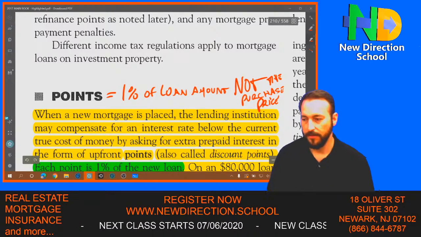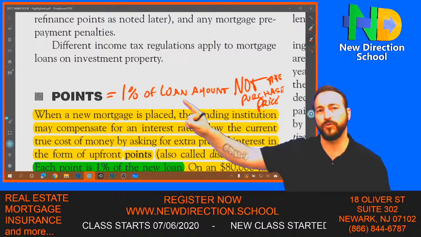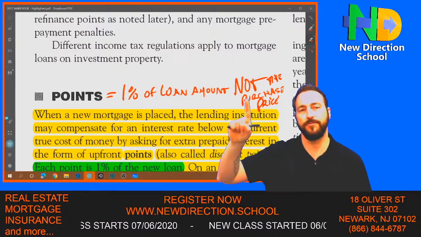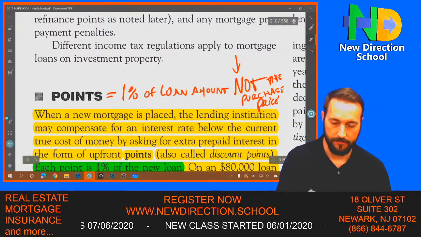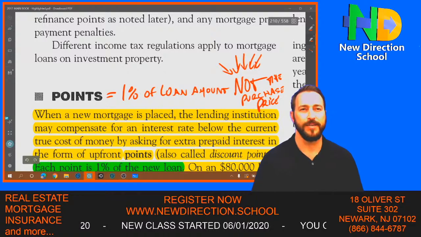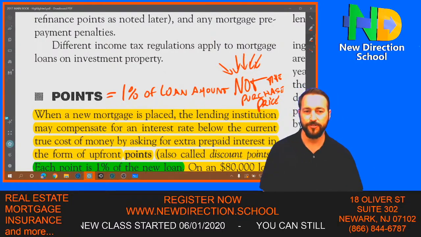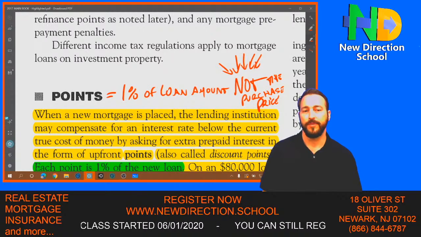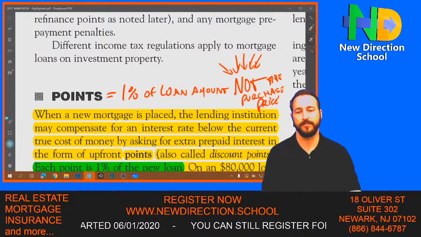Every time you see 1 point, it equals 1% of the loan amount, not the purchase price. Try to make it as clear as possible, even though you guys are going to forget this later. So make sure you do take notes, because it's 1% of the loan amount, not the purchase price.